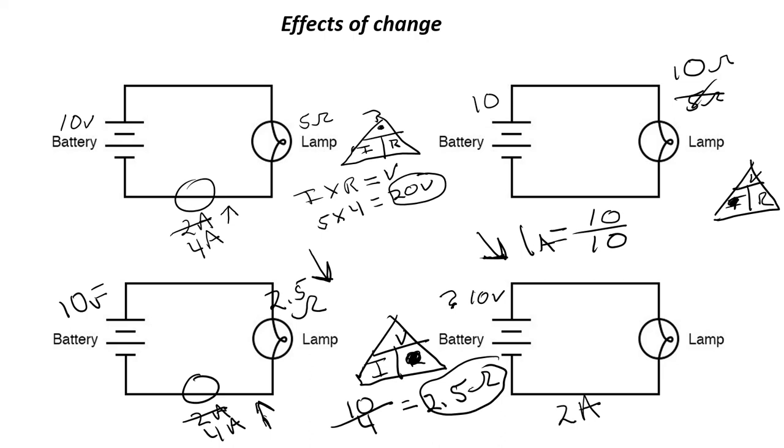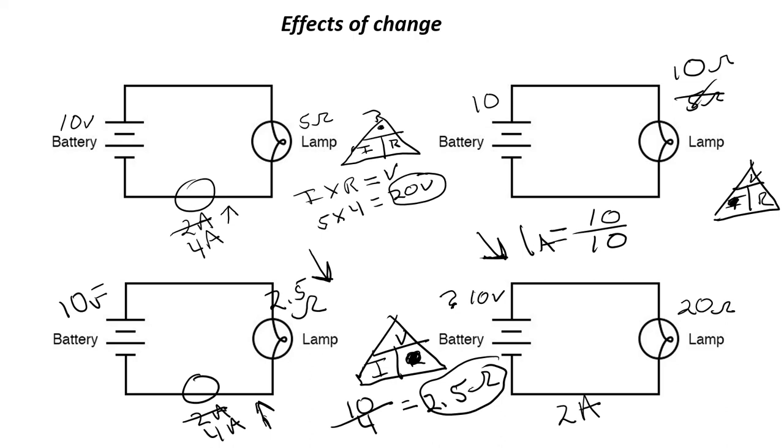And my resistance quadrupled. So my resistance is now 20 ohms. So I'm putting more restriction on here. There's more resistance for it to go through.